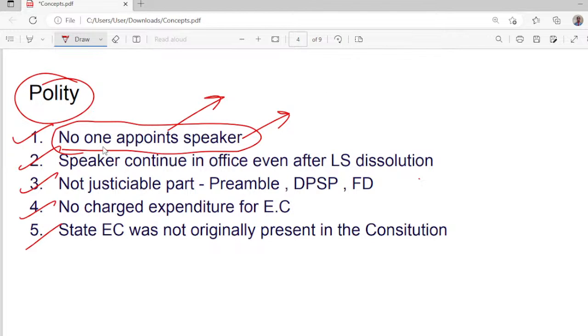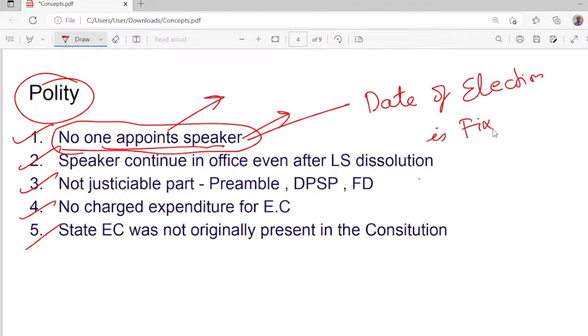Nobody appoints the Speaker, but for the date of election, please write down: the date of election is fixed by dash. Who will fix the date of election of the Speaker?